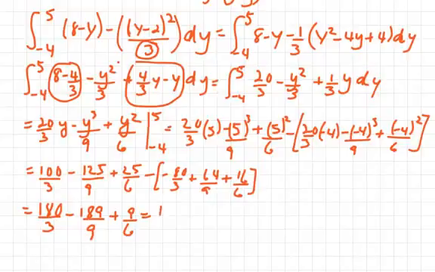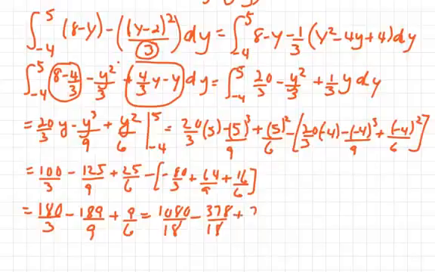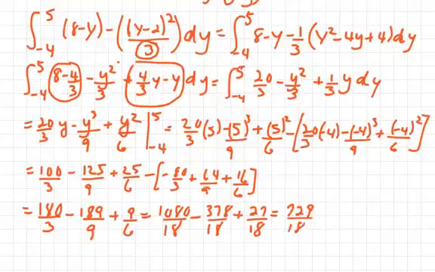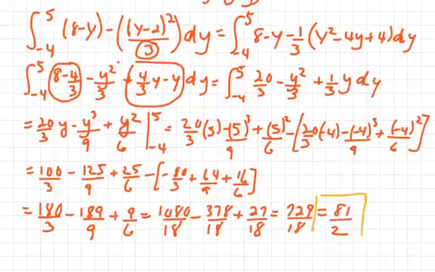So, getting a common denominator, which is 18, and converting all the fractions, right? It's just a lot of arithmetic. And I get 729 over 18, which reduces to 81 over 2, and that's the area of that region.